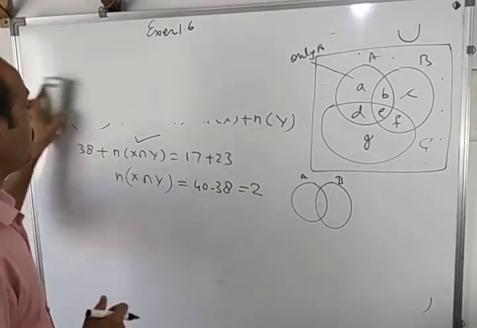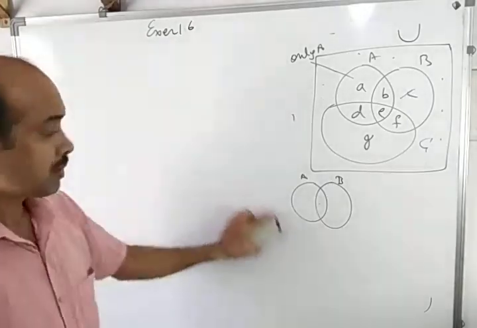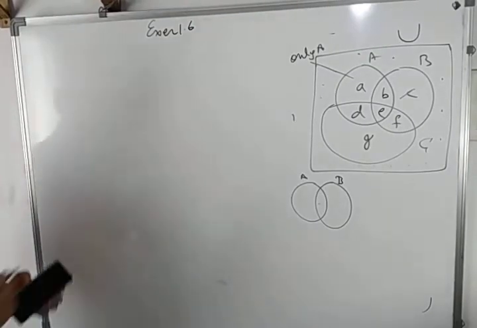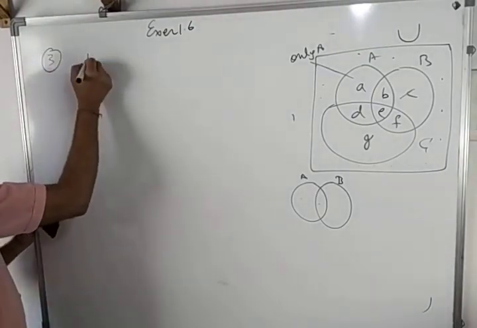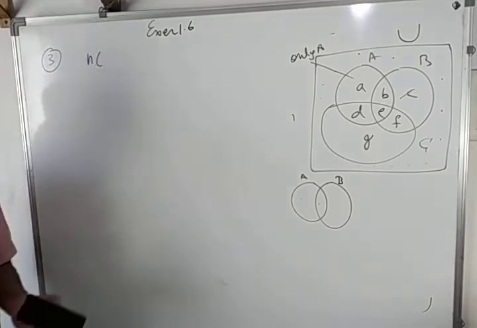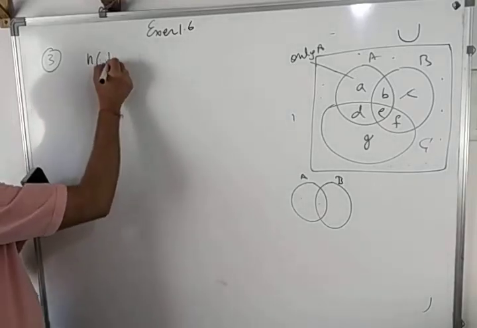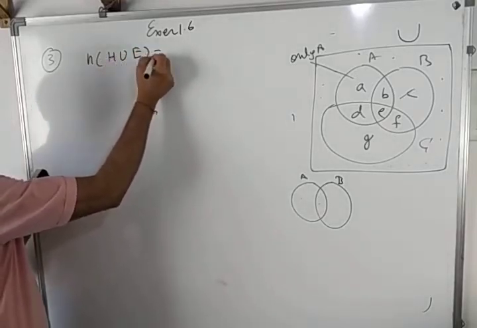So we are going to do question number 3 now, which is based on the same formula. In a group of 400 people, it is based on Hindi and English. So it is Hindi union English is 400.